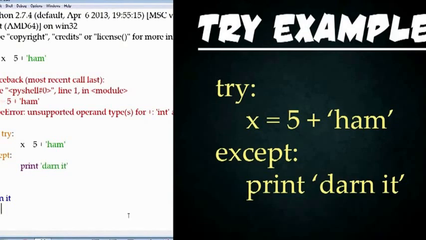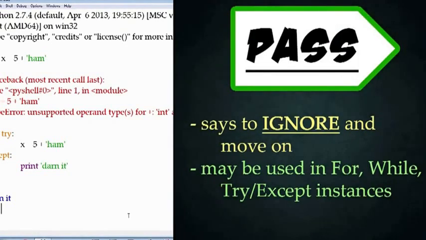So another keyword that can be used with the try and except is the keyword pass. And pass is basically a way of not having anything happen in here. You don't have to print anything. It's just a way of saying, hey, just ignore this.